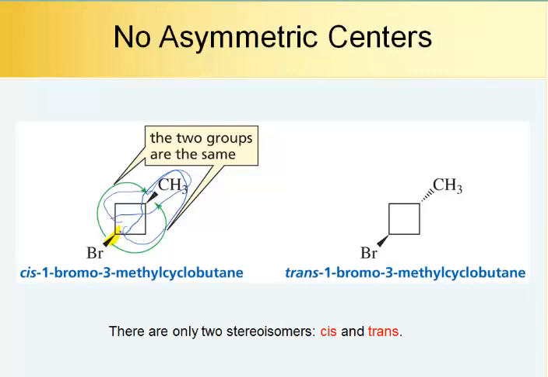Therefore, this is not an asymmetric center, because what you have is two groups that are the same attached here. It's kind of like saying this. You might as well be saying this. You have two groups that are the same, and therefore it is not an asymmetric center.